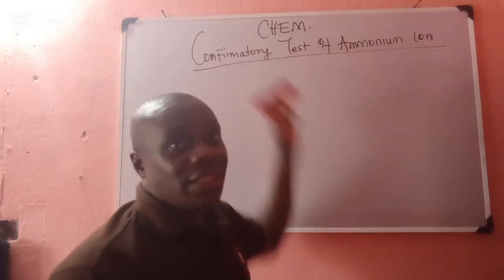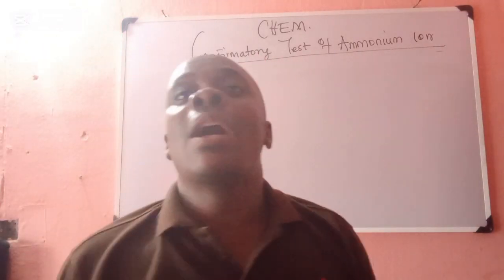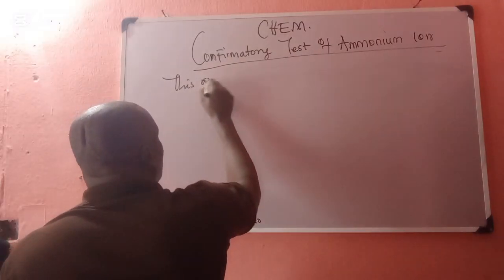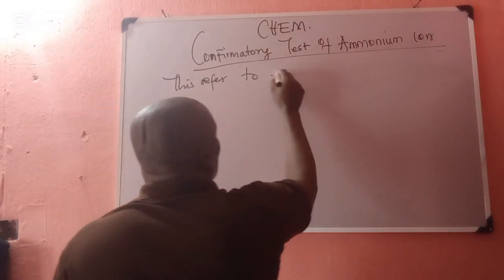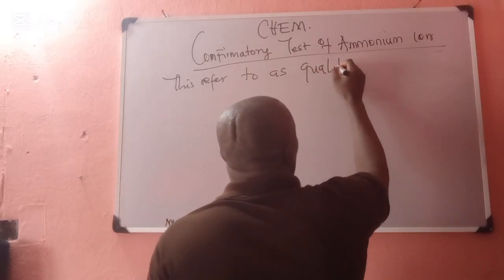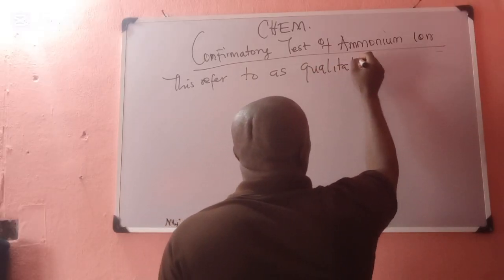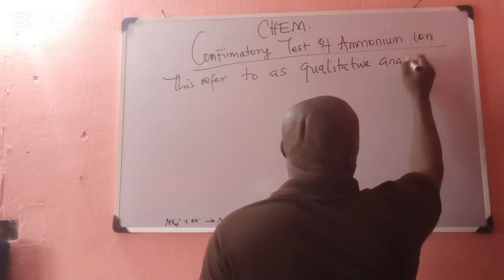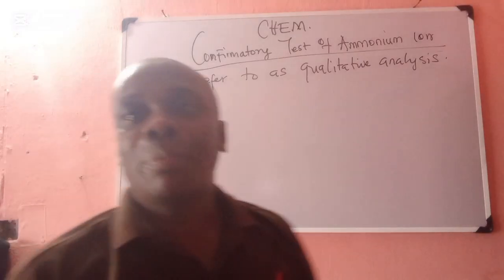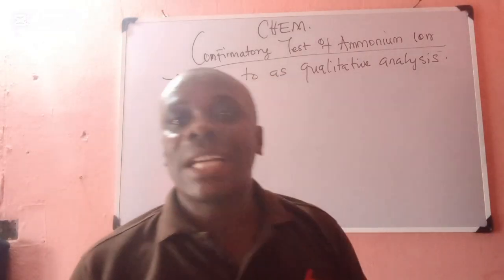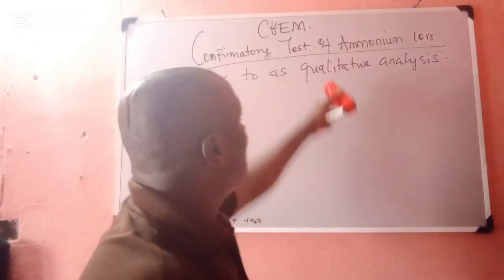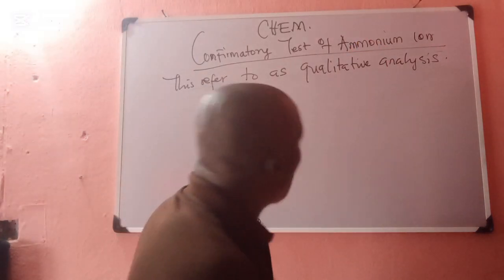This type of analysis in chemistry is referred to as qualitative analysis. It is called qualitative analysis because all we are trying to look at this point is the presence of this particular compound, the ammonium ions.